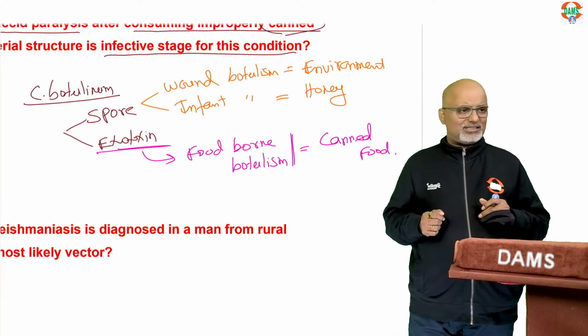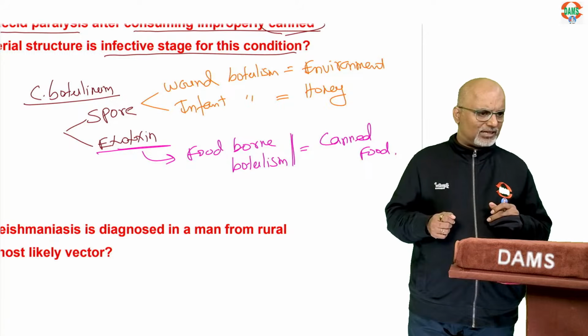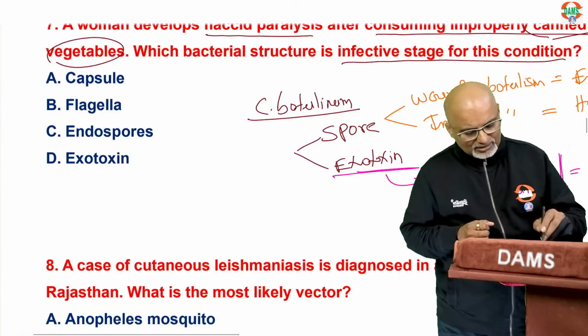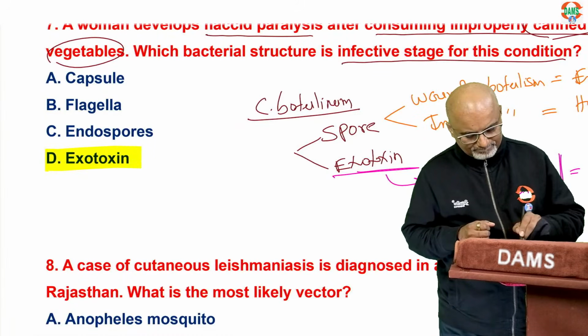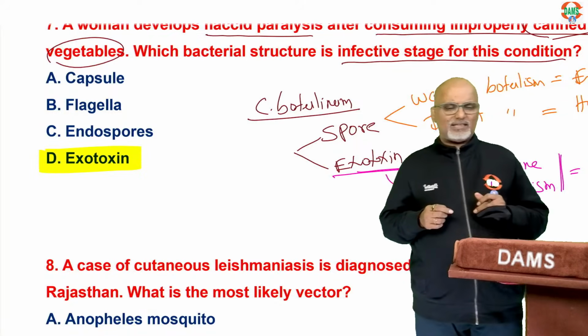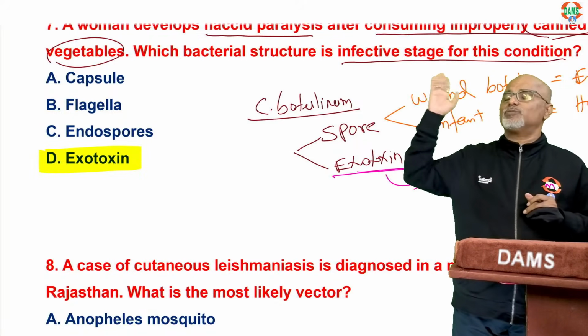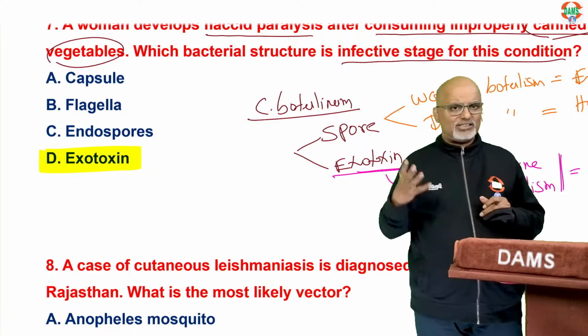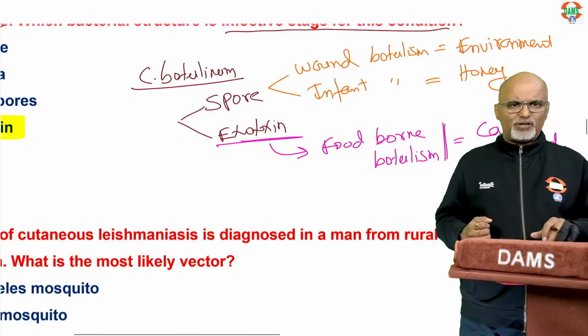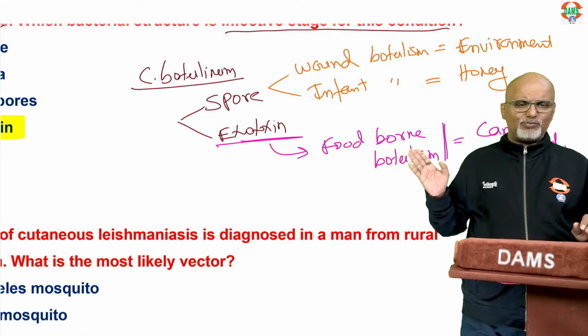So what is the answer now? You can tell what the answer is: exotoxin. Endospores are also an infective stage, where in wound botulism, in the environment, spores will be there, they'll get attached, they germinate. Honey contains spores. So preformed toxin, you can get it in foodborne botulism.